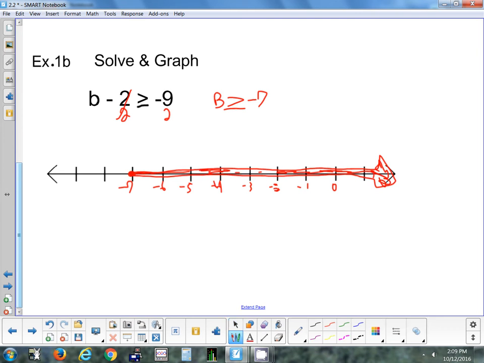Okay, so everything he got here is perfect. He added the 2 on both sides. -9 plus 2 is -7. He did a filled in circle because it had the equal to and pointed to the right. Okay, that's perfect.